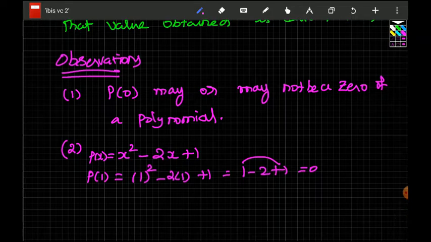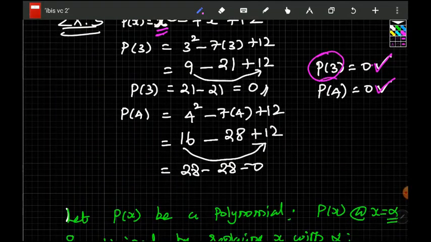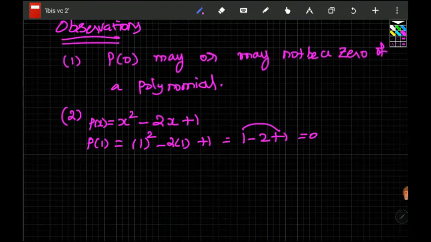There won't be two values like in this case. In this case 3 and 4 obtain 0 of a polynomial, but here there will be 1. So we call this repeated zeros, because even for a quadratic, if you have only one root, that is why we are going to summarize this as the most important summarization.